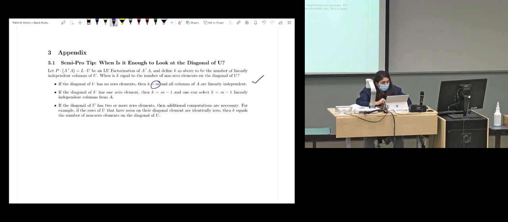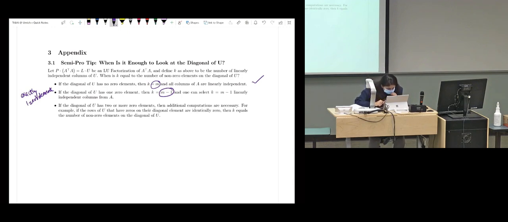All right. What happens if there is a zero element? Well, then you can say it has exactly one zero element. That is to be noted here. So when there's exactly one zero element on the diagonal, you can say that there are M minus one linearly independent columns in A.